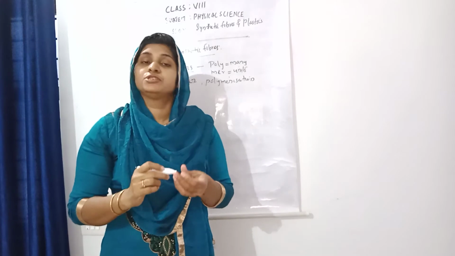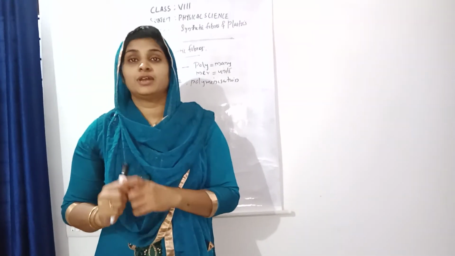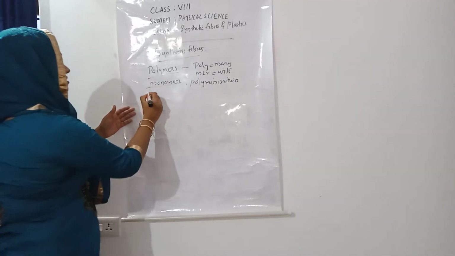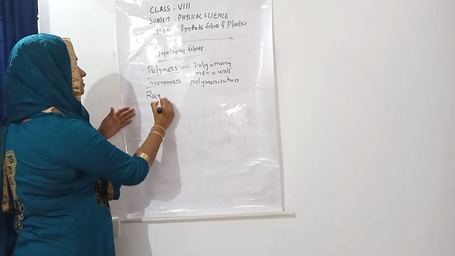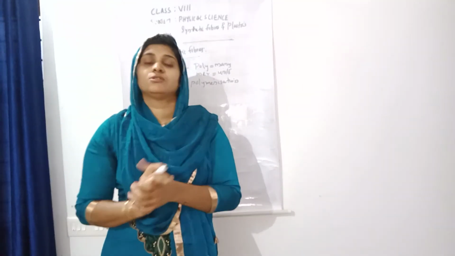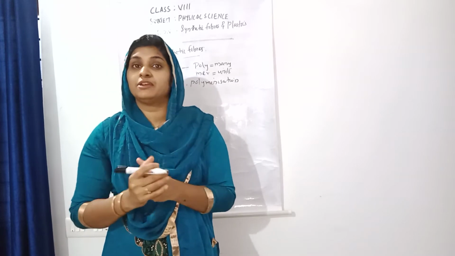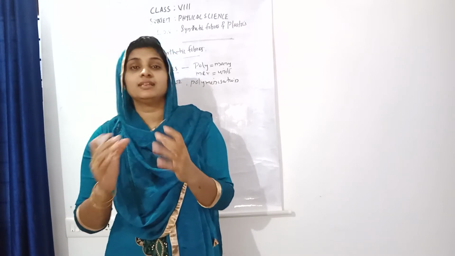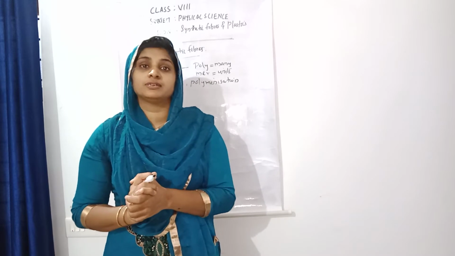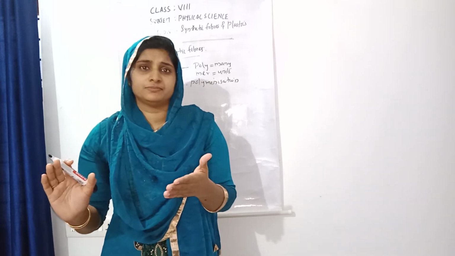Then let us see different types of synthetic fibers. Rayon. There is a story behind the synthesis of rayon. Silk is obtained from the silkworm. Silk was first discovered in China and they kept it as a secret, right?